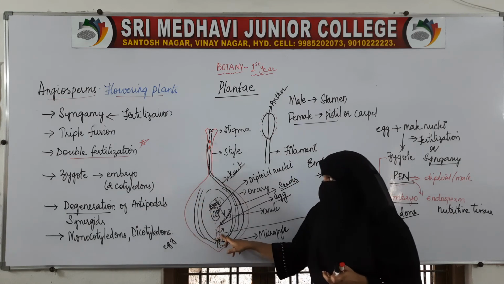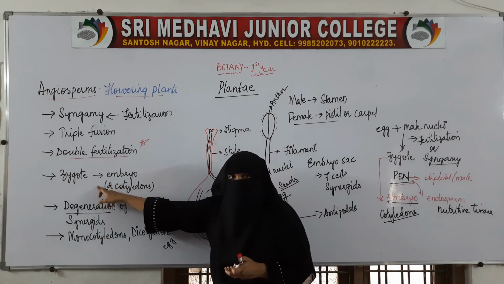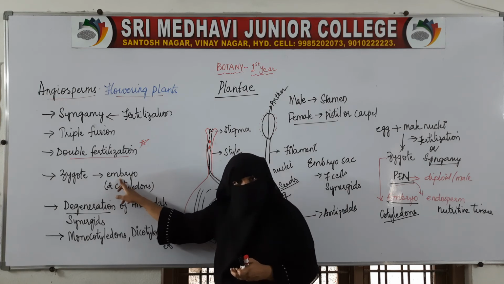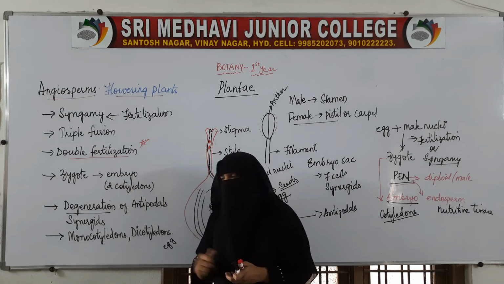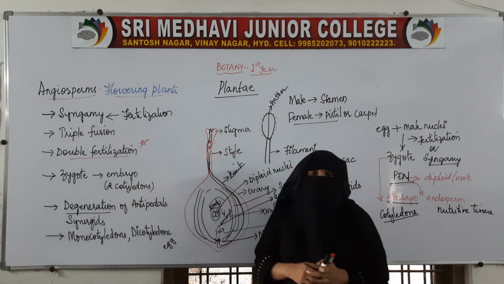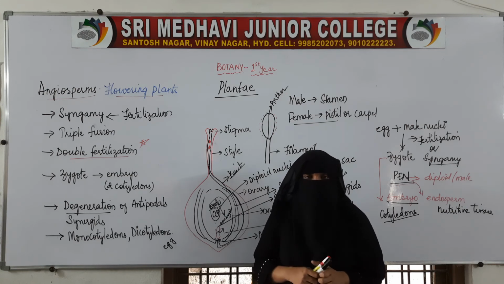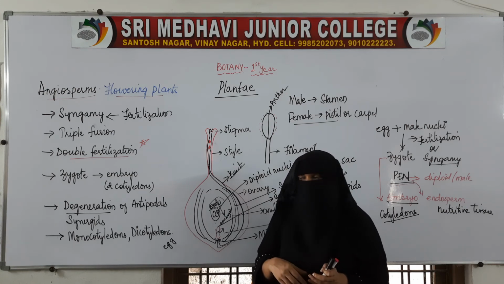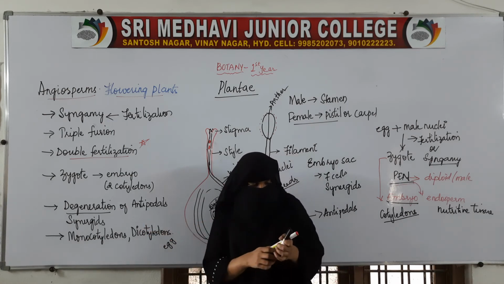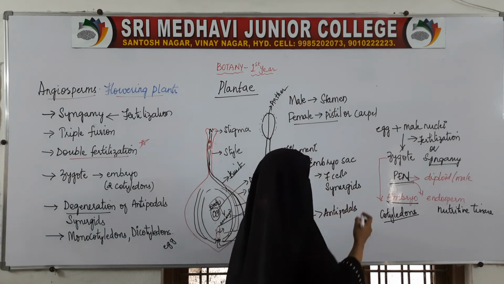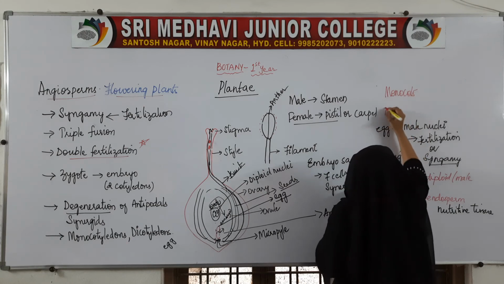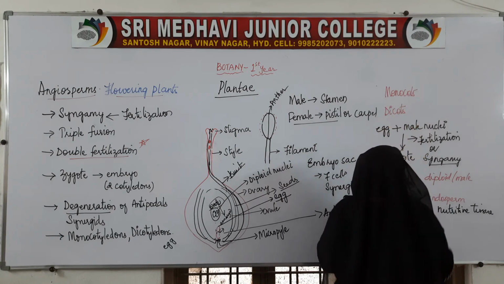After this, the fertilized egg changes into the zygote. The zygote will grow further and change into the embryo. Inside the embryo, cotyledons will be present, and based on the number of cotyledons, angiosperms are divided into 2 groups: monocots and dicots.